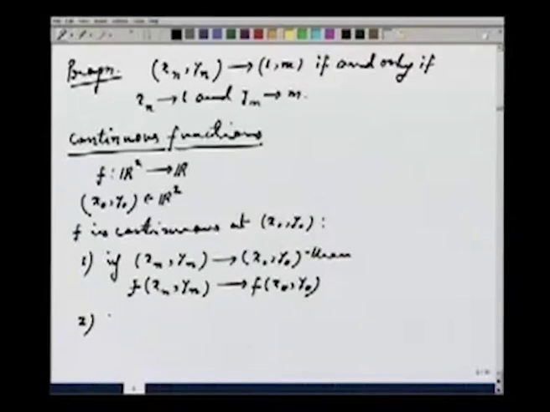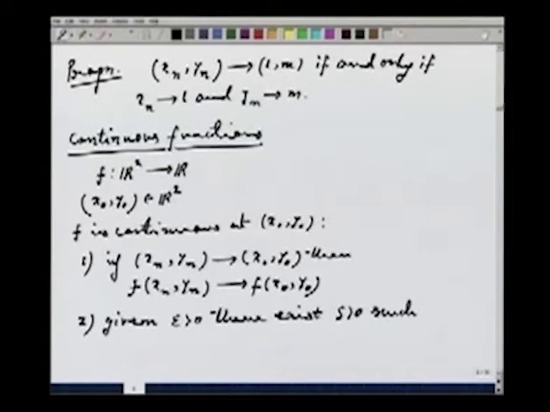delta exactly as it is on the real line. So that is this, that given any epsilon bigger than 0, there exists delta bigger than 0 such that the modulus of f(x, y) minus f of (x0, y0) is less than epsilon if, now instead of modulus I have to use norm, because in the case of the real line I use modulus of x minus x0 because there the variables on which the function is defined are real numbers.